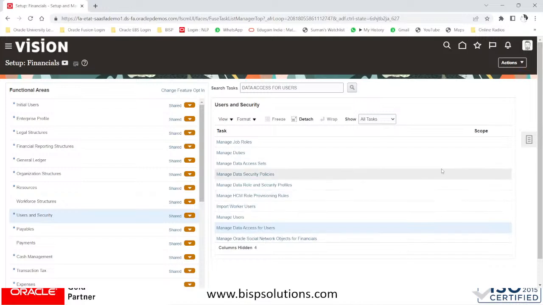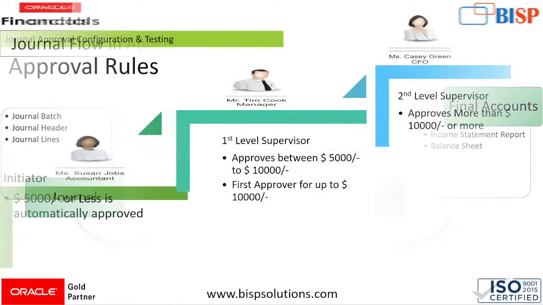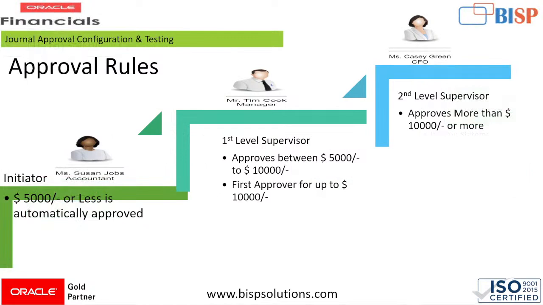Before that, we will create one approval rule in the BPM. That is the journal approval configuration we will do. The initiator will be Susan Jobs. A journal of $5,000 or less is automatically approved.